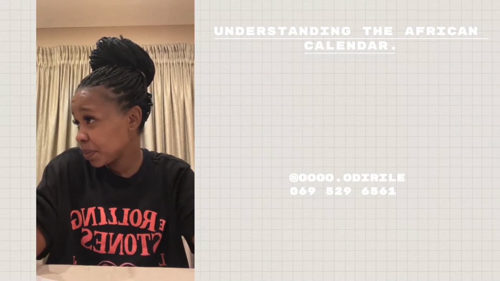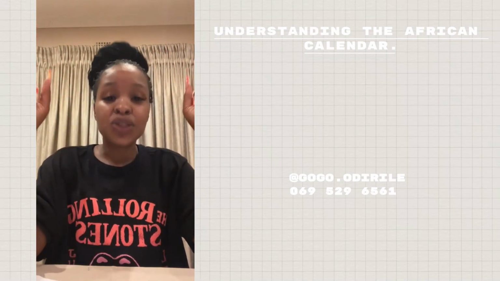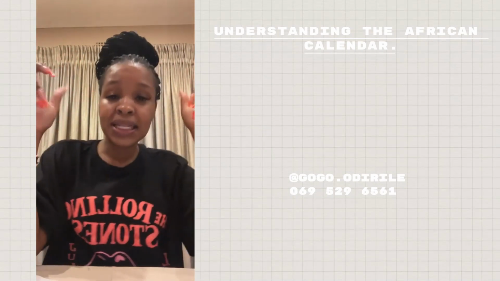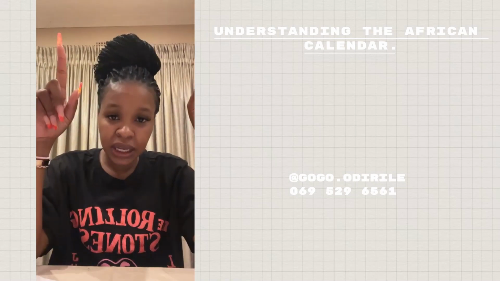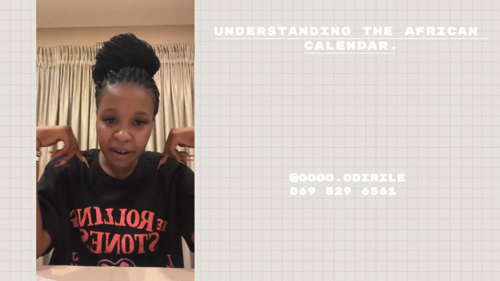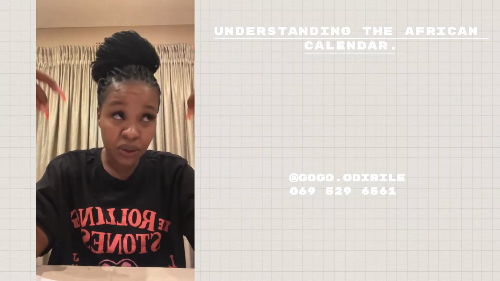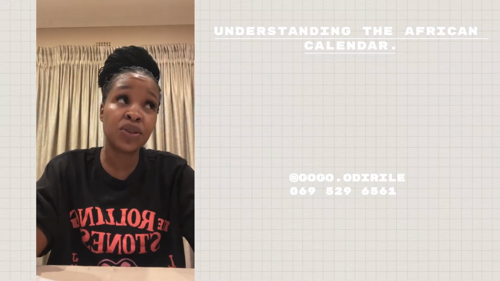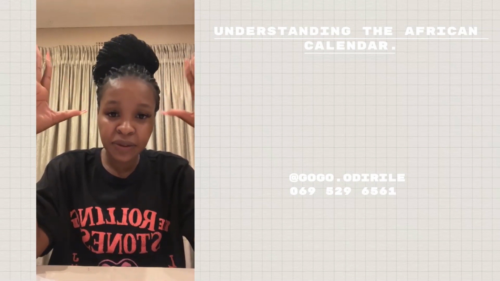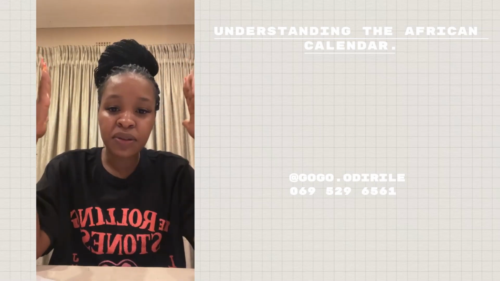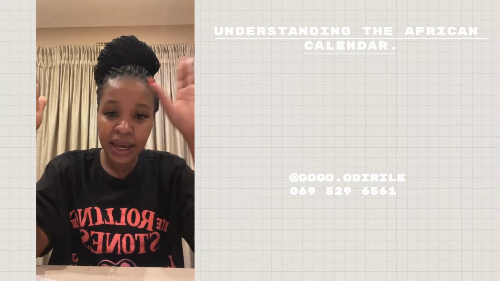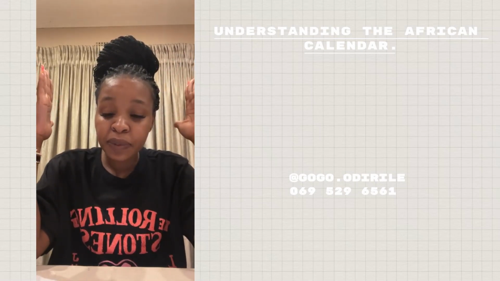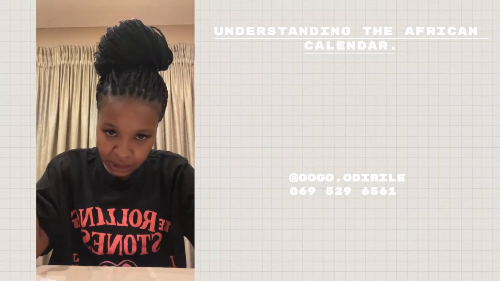Yes, spring. So the beginning of spring is the beginning of the African New Year. So from the 23rd of September to the end of December is the first season, the first period, and that's called the plowing period.